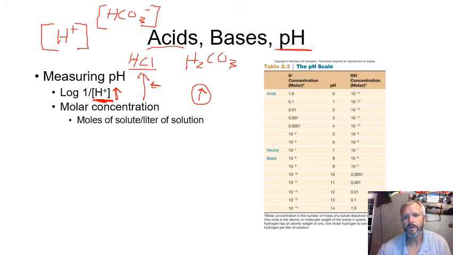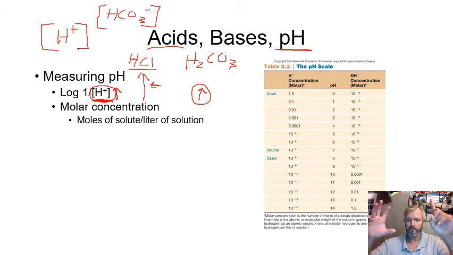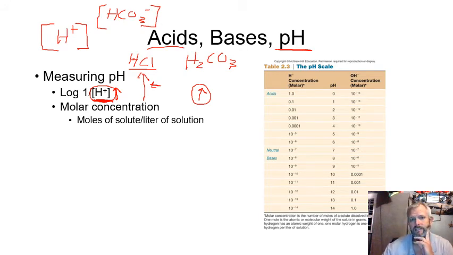But what I want you to recognize for this pH equation is that this number is in the denominator. If I divide 1 by a large number, I'm going to get a much smaller number. If I divide 1 by a smaller number, it's not going to be as low a number. So what do you think acids do to pH?